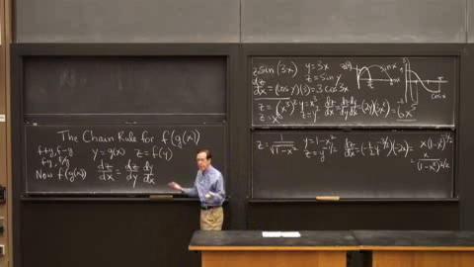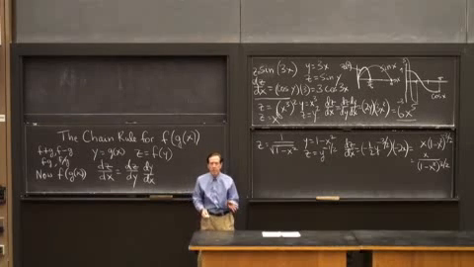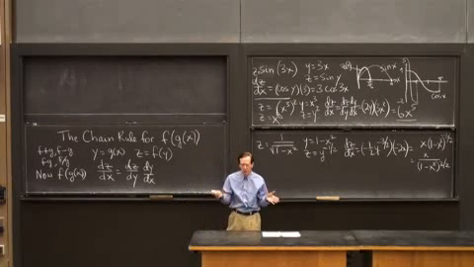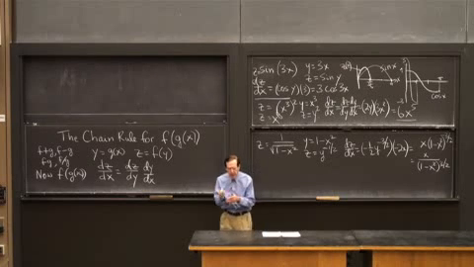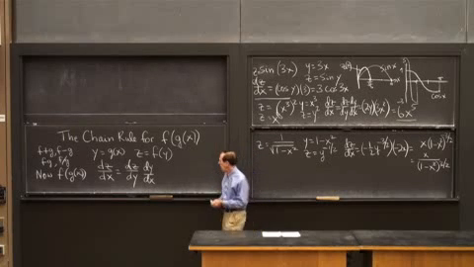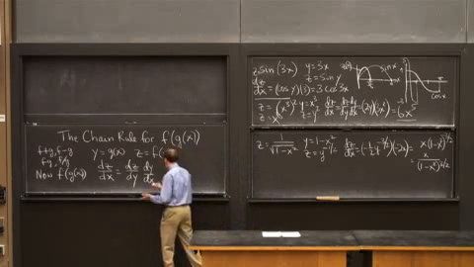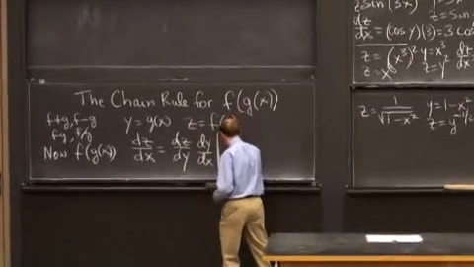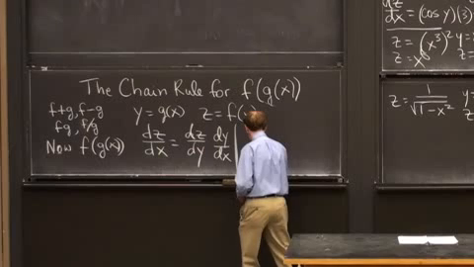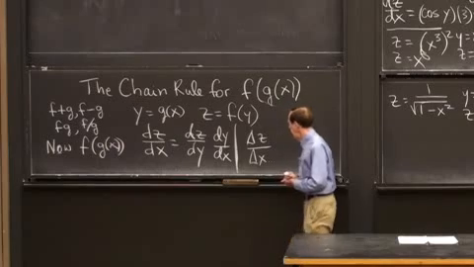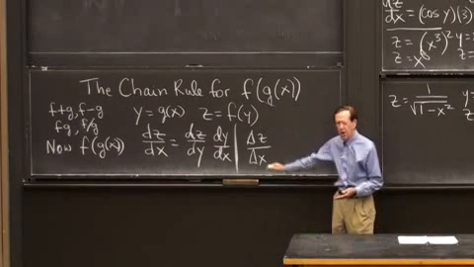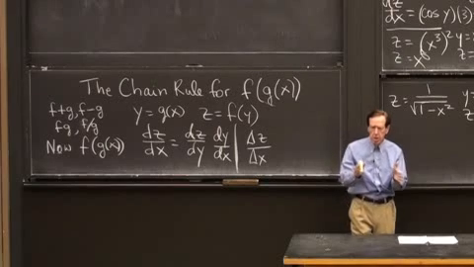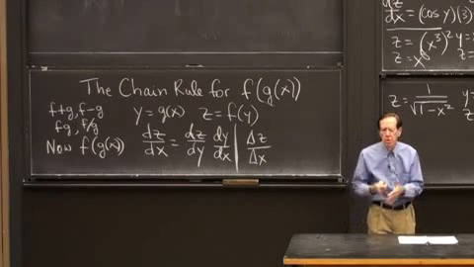Okay, where do derivatives come from? Derivatives always start with small finite steps, with delta rather than d. So I start here, I make a change in x, and I want to know the change in z. These are small, but not zero.